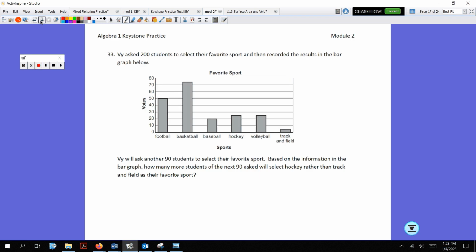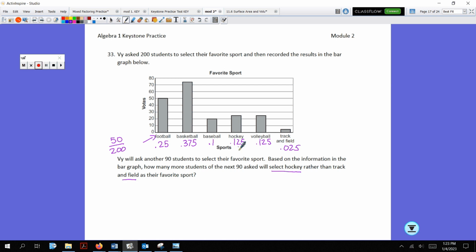All right, the next couple questions are pretty much all the same. All the charts are the same, so the percentages stay the same. Or if you want to use the decimal, that's fine. Here you would say 50 divided by 200 is 0.25. This is 0.375, 0.1, 0.125, 0.125, 0.025. Now they're asking how many more students select hockey rather than track and field.